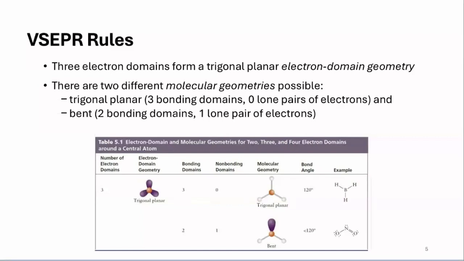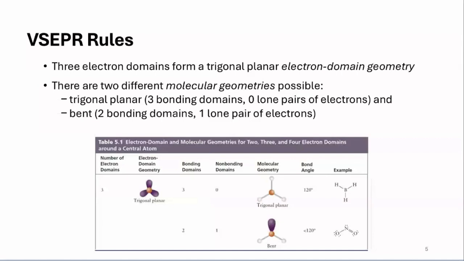Now let's look at geometries, specifically when there are three electron domains in a molecule. If the central atom is surrounded by three electron domains, then the electron domain geometry is called trigonal planar. When it comes to the molecular geometry, we have two variations.